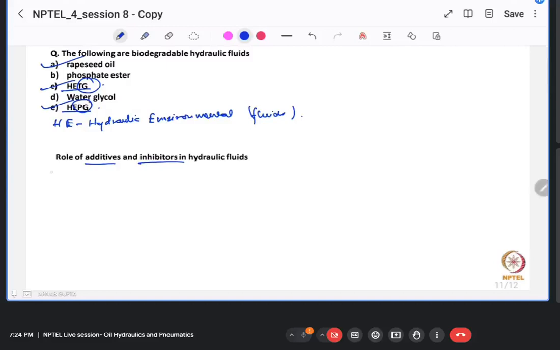I'm just writing down what is the role. Additives can be used to increase the lubricity, reduce wear of components.